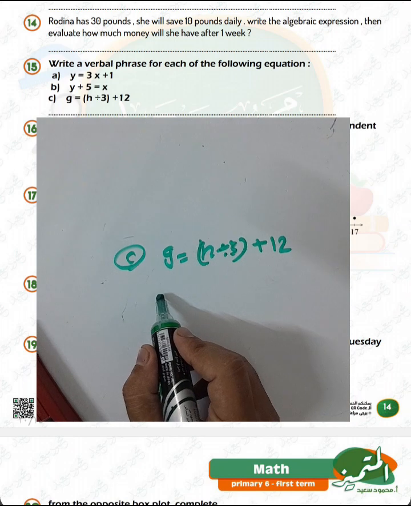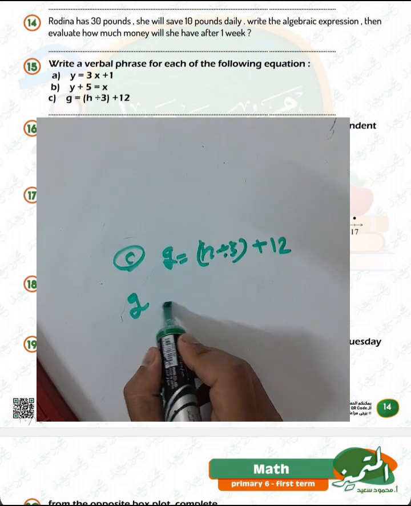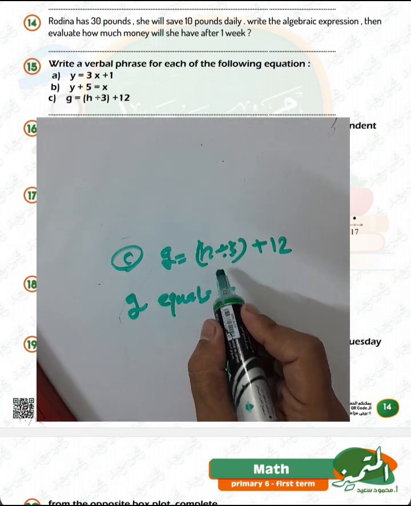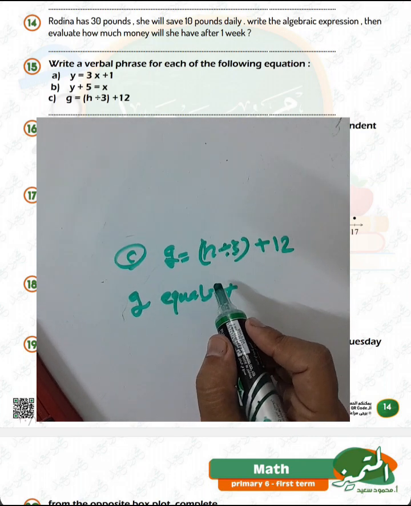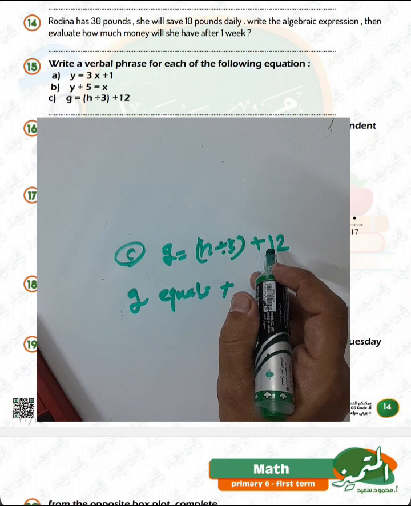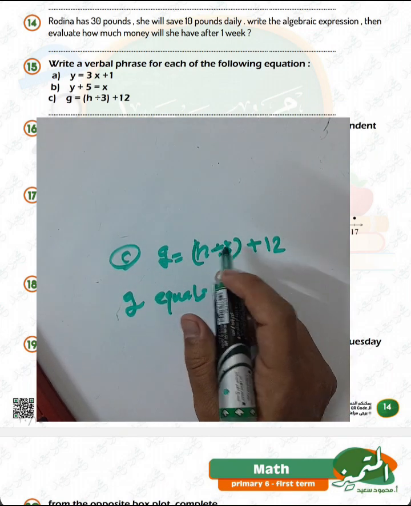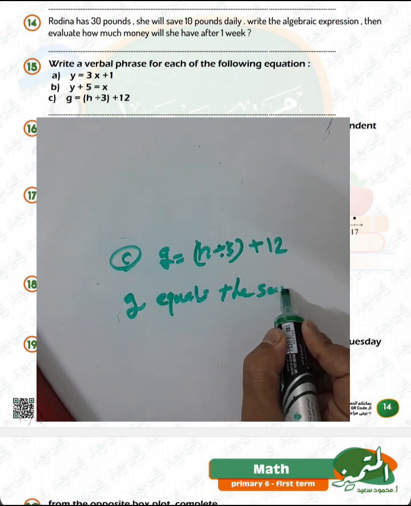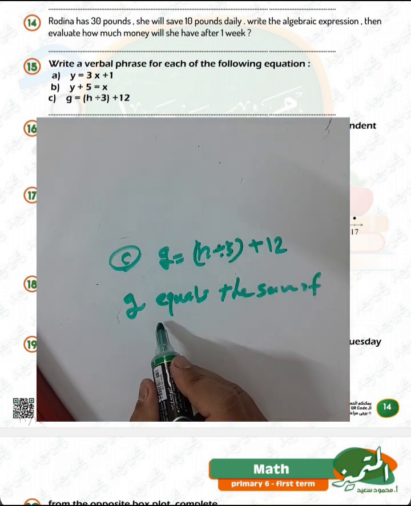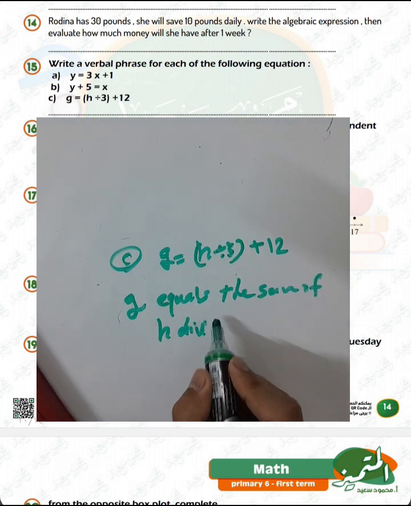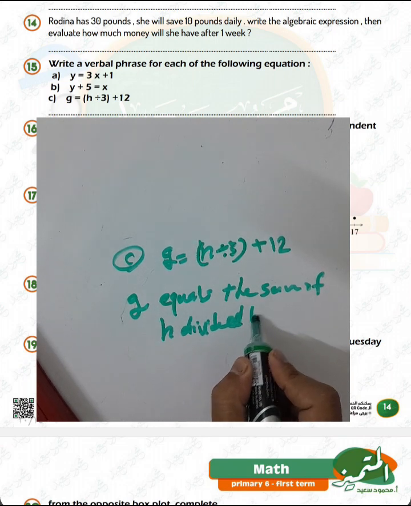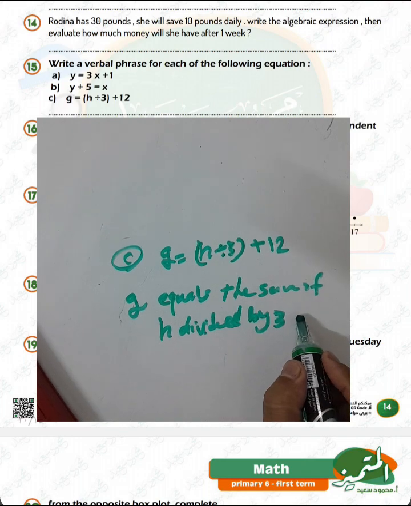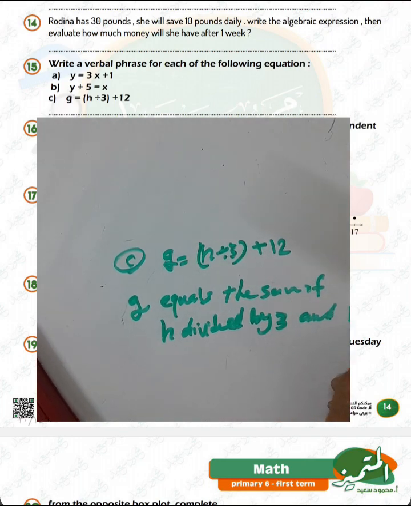We can write here g equals the sum of h divided by 3 and 12.